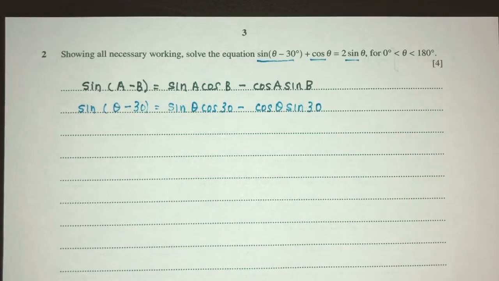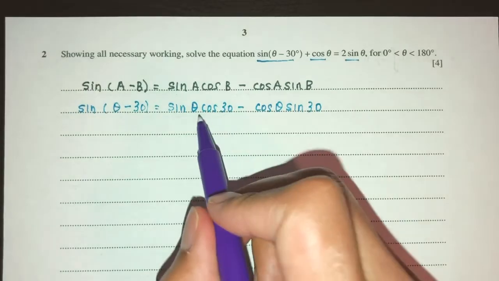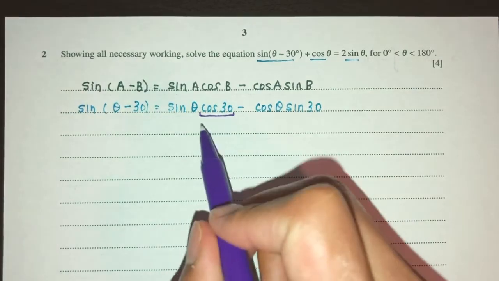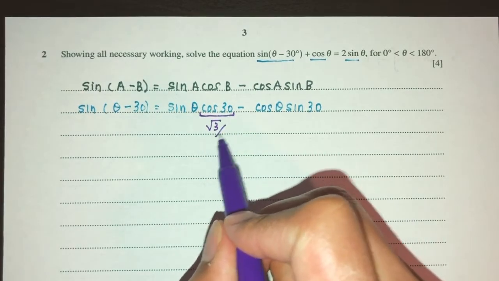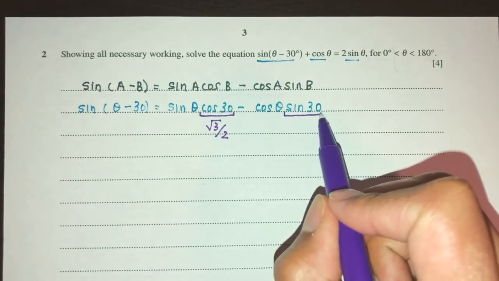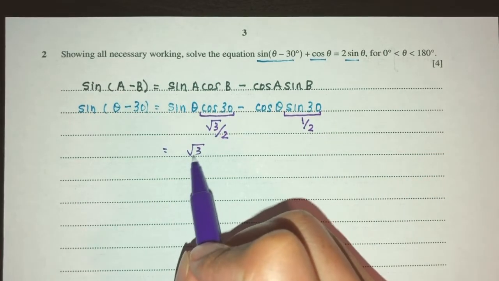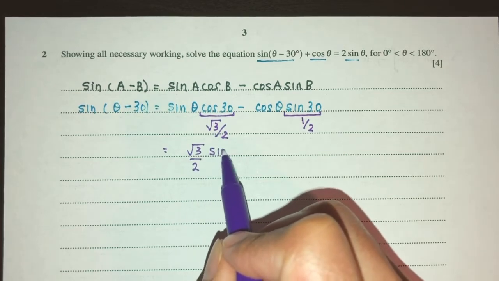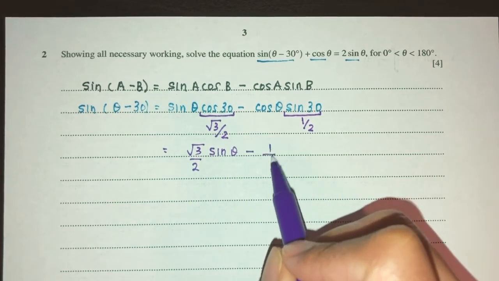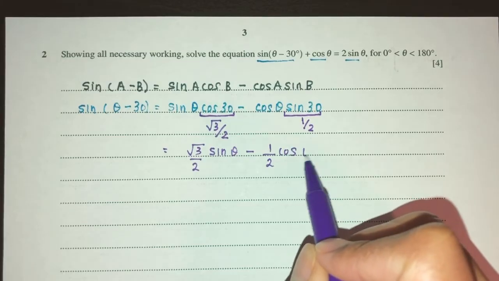So now we have to simplify. The value of cos 30 is equal to root 3 over 2, and sine of 30 is equal to half. So your answer will be root 3 over 2 sine of theta minus half cos of theta.